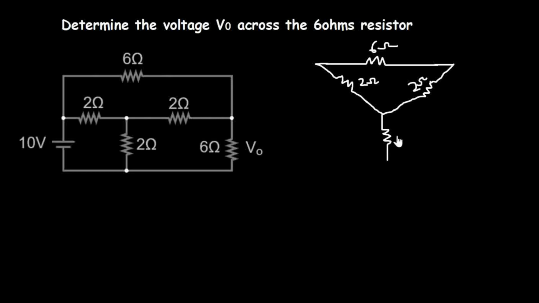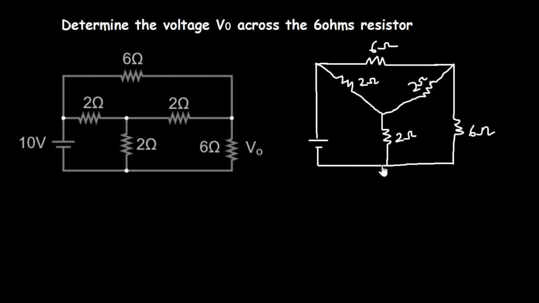So this is the 2 ohms resistor. And then I have this 6 ohms resistor. So now I come and draw the voltage source, which is the 10 volts voltage source.